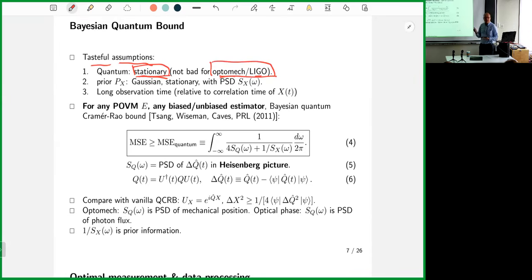For x of t, we said that we are going to do Bayesian. We assume that it's a random process. So we are going to assume that it's a Gaussian random process. We are going to assume that it's stationary, so it also has its own prior power spectral density. And also we assume that there's a long observation time relative to all the coherence times of the problem, so that we can express basically everything in terms of frequency domain quantities.